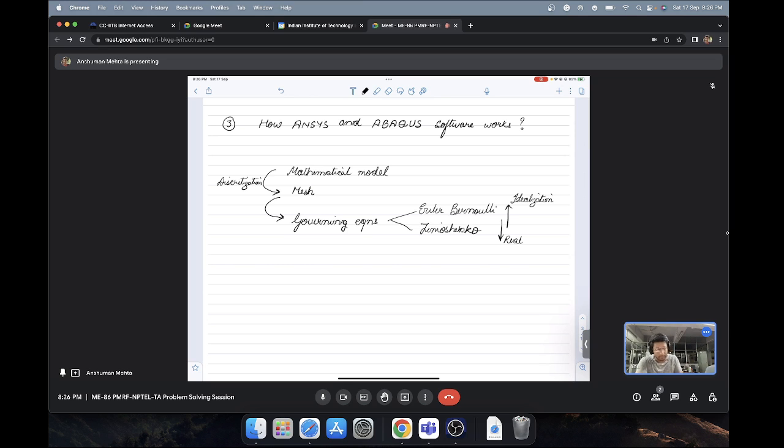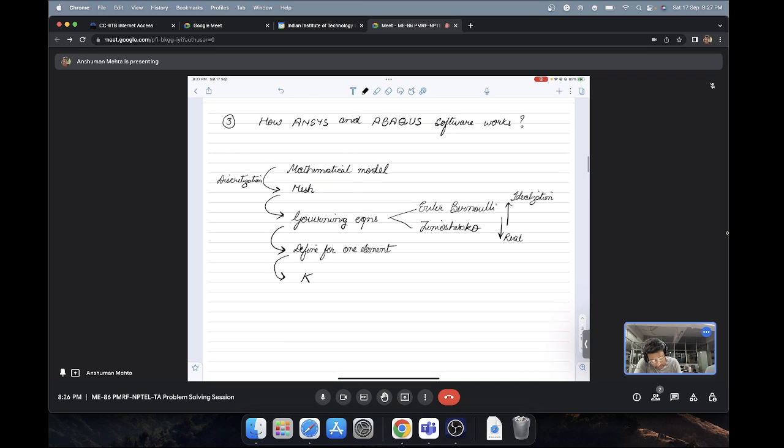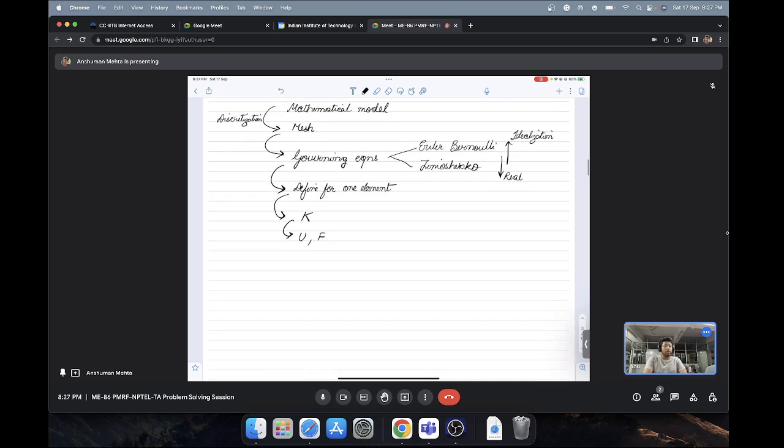So we provide the governing equation, and we define it for one element, and then we try to find the k matrix, and then from k we solve the system, and we find u and f. Okay, and then we post-process the data to find all the things which are required. We will solve one example today related to that.